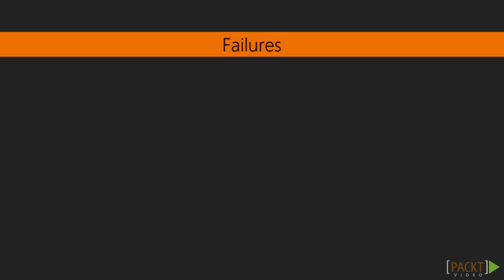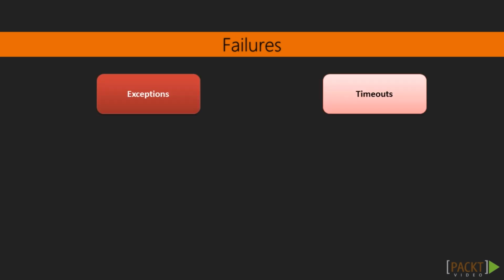Not everything follows the happy path scenario, and the reality is that different failures and erroneous conditions are going to happen, no doubt. Essentially, Spray routing distinguishes two major classes of errors: exceptions and timeouts. The way to handle those classes of errors is somewhat different.